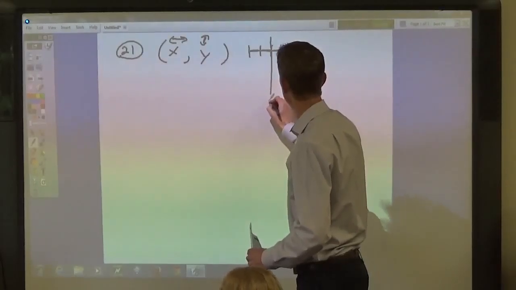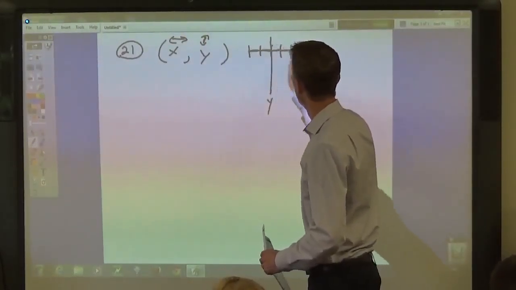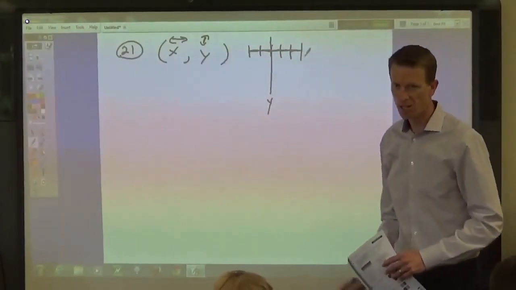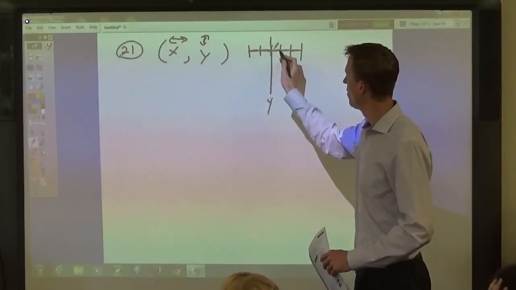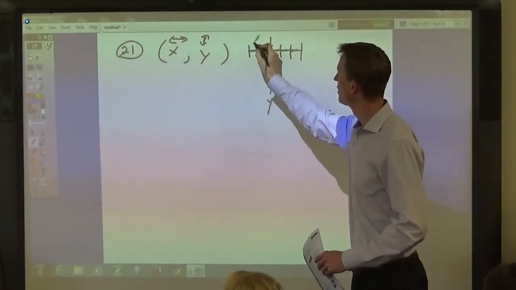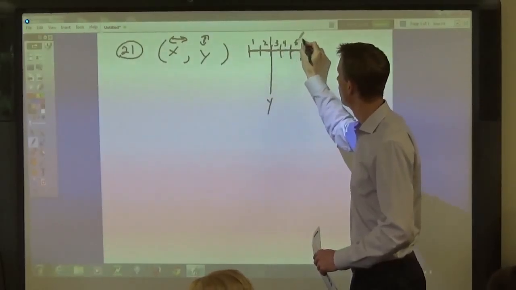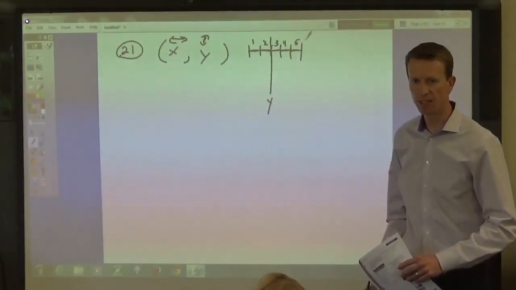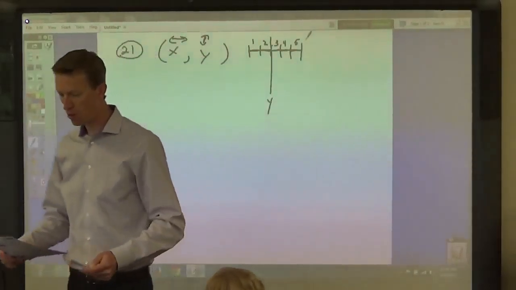If this is 0, so this is the y-axis, you would count the spaces across, not the marks. You don't count 1, 2, 3, 4, 5, 6. This is 1, 2, 3, 4, 5 spaces. See that? Okay? So make sure you count those correctly.